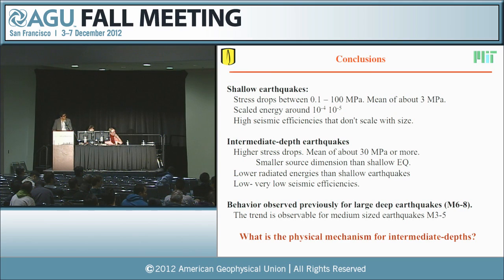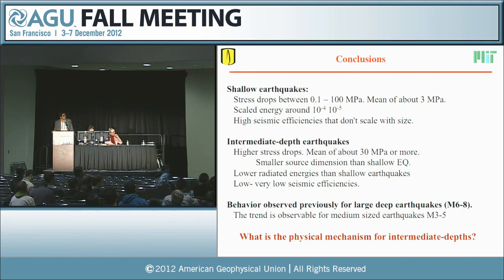And the interesting thing about this study is that we have done a careful review of at least 280 intermediate depth earthquakes. The advantage of this area is that all the events are concentrated in a single place, so we can perform constant Q analysis, we can do empirical Green's function, we can even get source time functions for the larger events. And from those, we can estimate some of the source parameters.